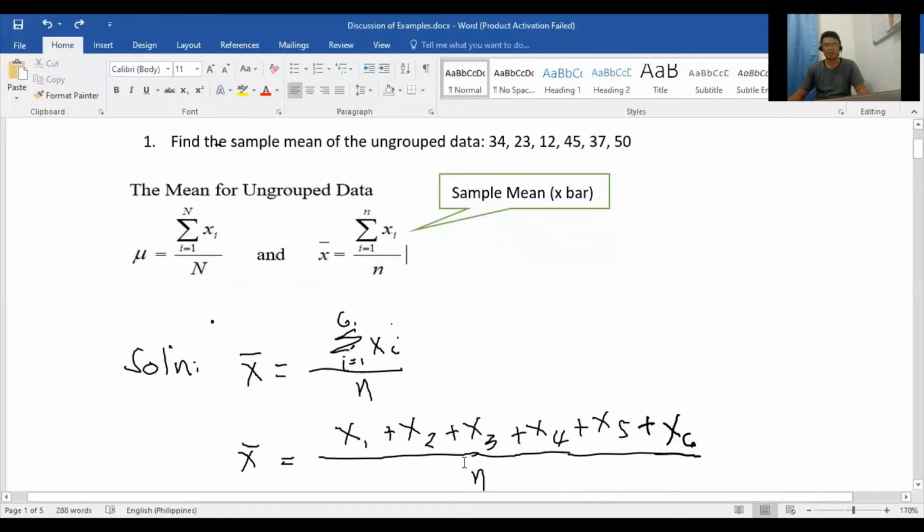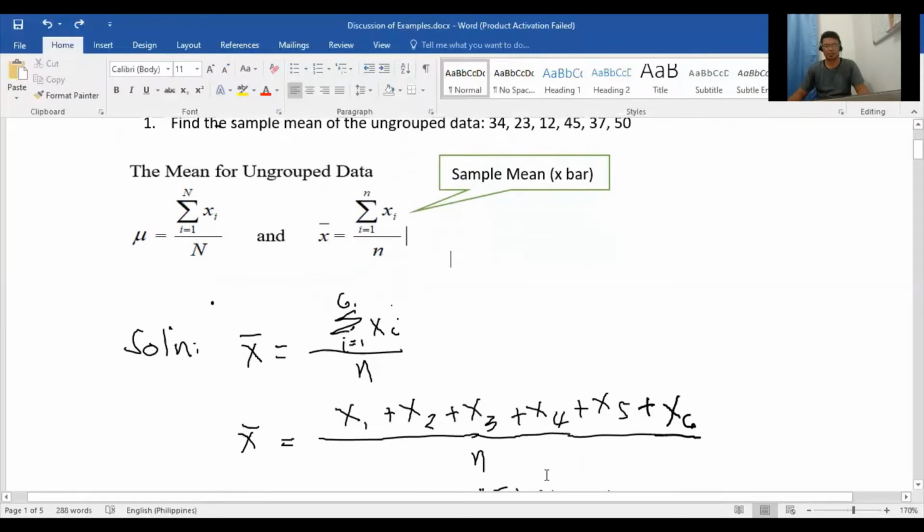So we assign 34 to x sub 1, 23 to x sub 2, 12 to x sub 3, 45 to x sub 4, 37 to x sub 5, and 50 to x sub 6, all over n.